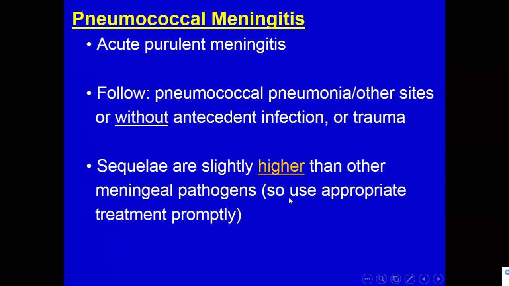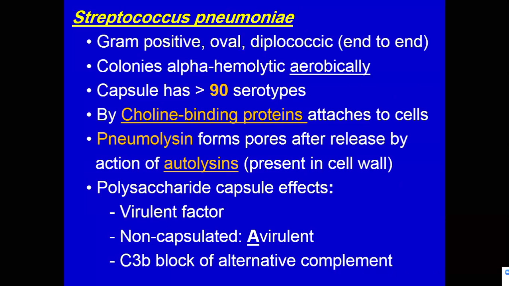Any Streptococcus pneumoniae variant that is not capsulated cannot cause disease, because the capsule is part of the virulence, the pathogenicity of the microorganism.